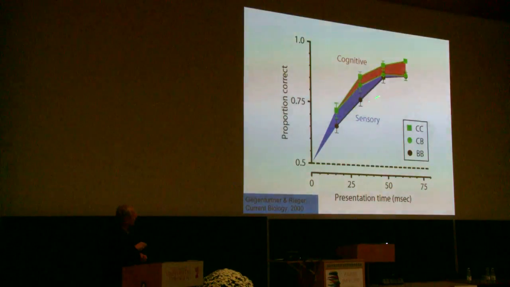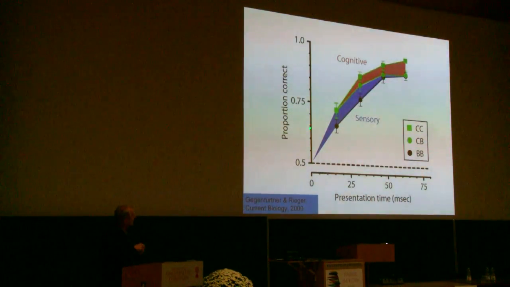But when the exposure duration increases, and here at 64 milliseconds, we still find a difference between black and white and color, but now the difference is only there if the images are presented in color and tested in color. So this difference here is due to the memory representation. And the interesting thing is that for intermediate presentation durations, we get a gradual transition.